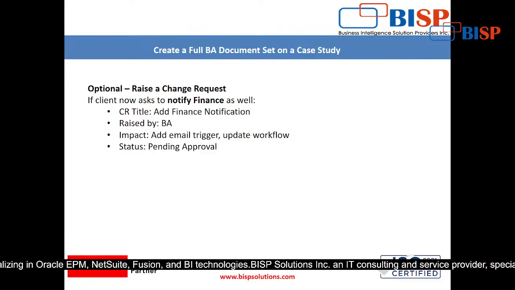Now, raise a change. Now see, in the middle of the project, for example, the company has completed most of the task, like 60 to 70% of the project has been completed.